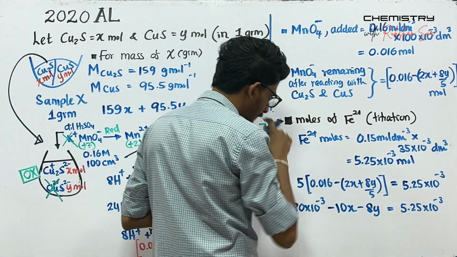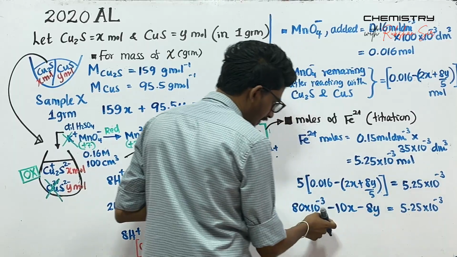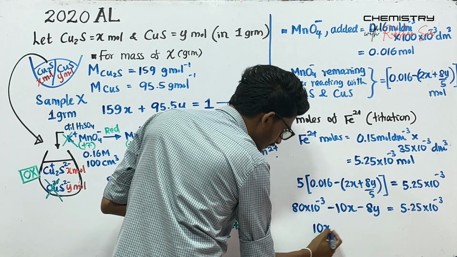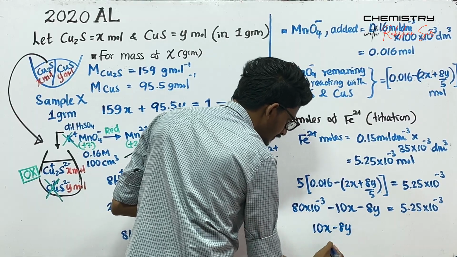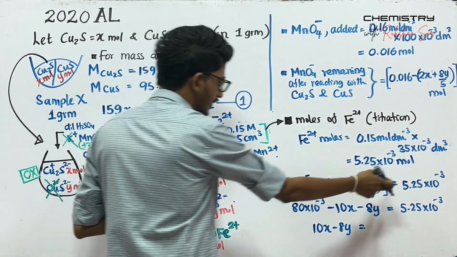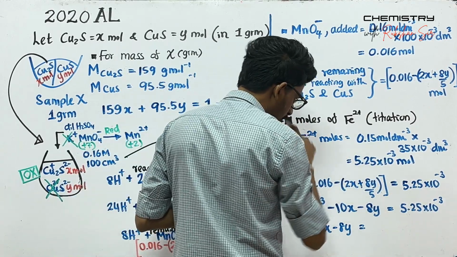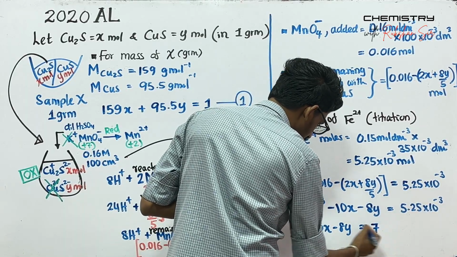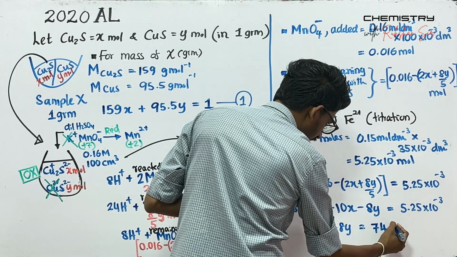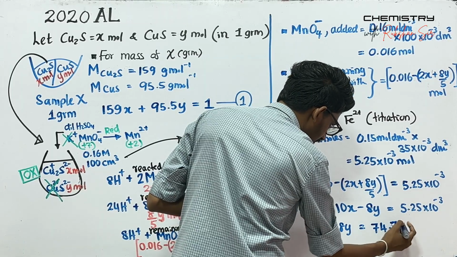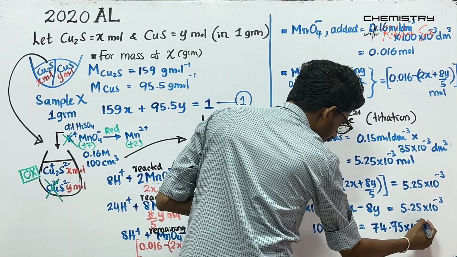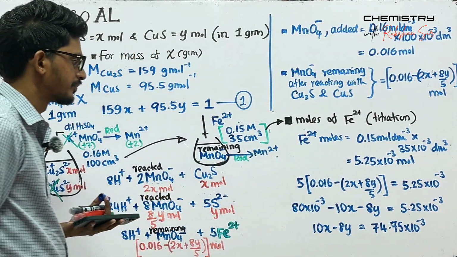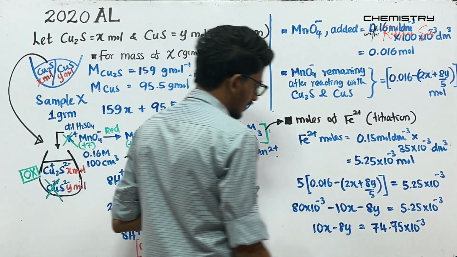So we can put this value here and this value there, right? So ultimately you will get 10x minus 8y is equal to this one here, right? That will give you 74.75 into 10 to the power minus 3. This comes here, right? So that is your second simultaneous equation, right?